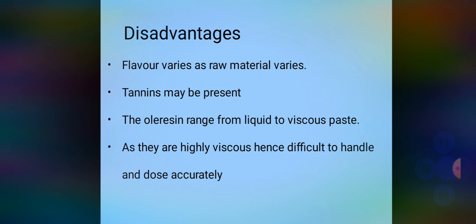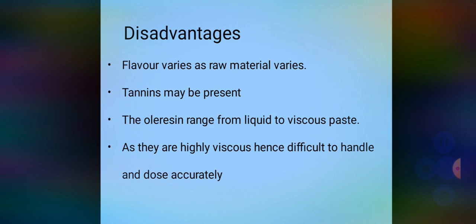Spice oil is extracted by steam distillation or water distillation, and oleoresins are obtained by using solvent extraction. Spice oil contains essential oil or volatile oil, and oleoresin contains essential oil plus volatile oil and also fatty oils from the sample.